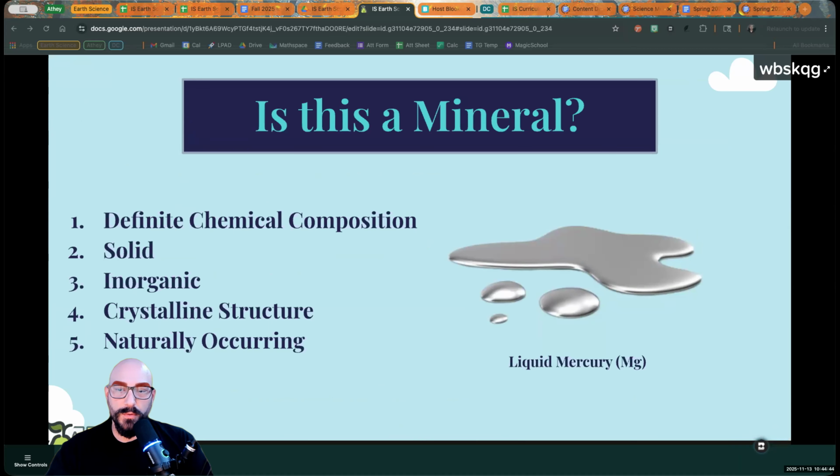Okay. So here's a question. We've got liquid mercury. Is that a mineral? Does it fit all 5 of those?